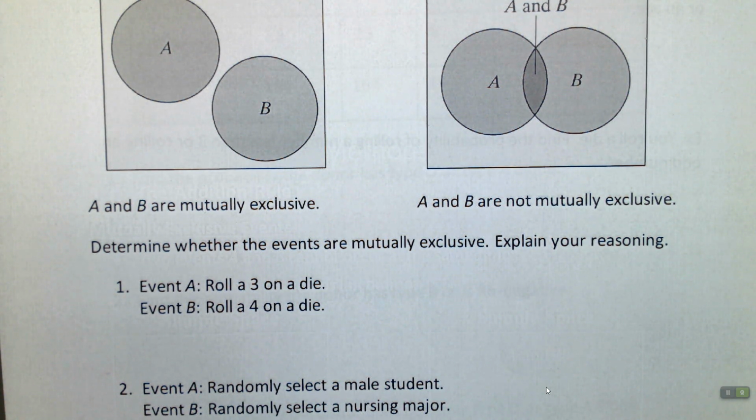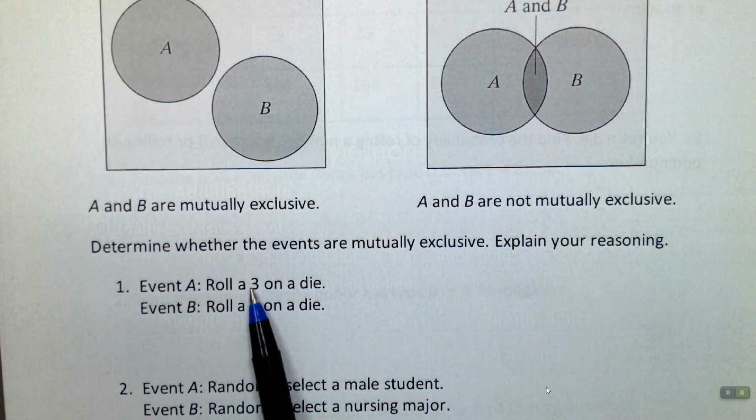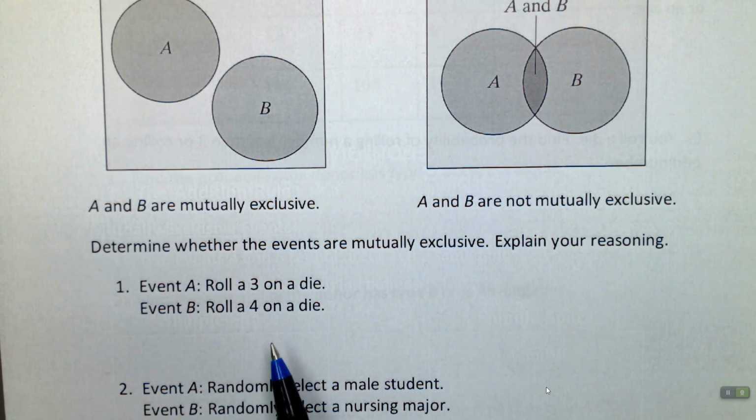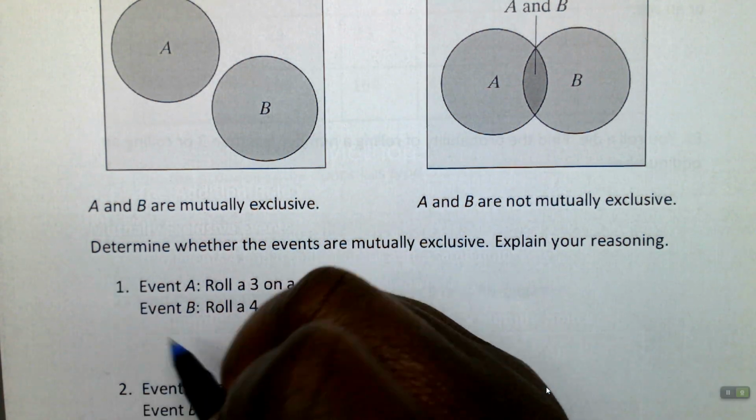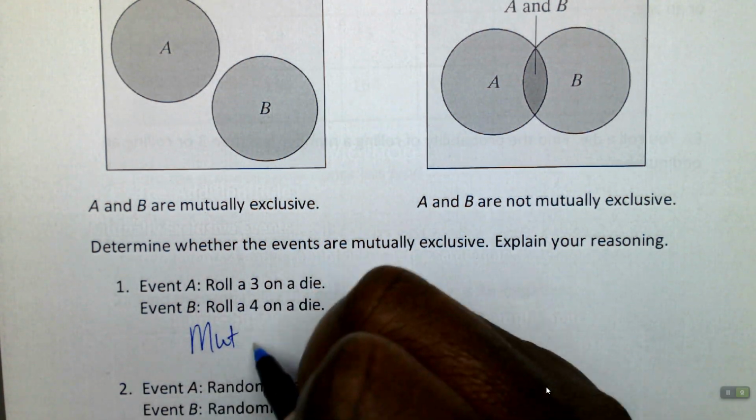When we're talking about the addition rule, we only have one pick, and we're trying to see if this one pick is doubling. Is it doing two jobs? So if I roll a die once, can I get a 3 and a 4 at the same time? No. Because I can't, these are mutually exclusive.